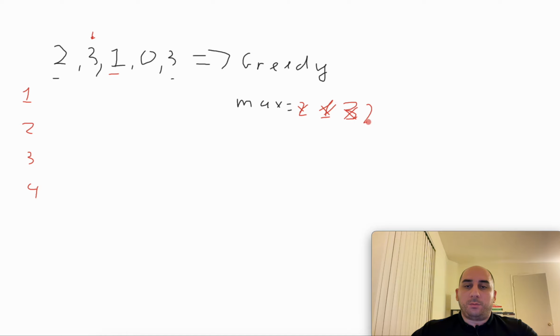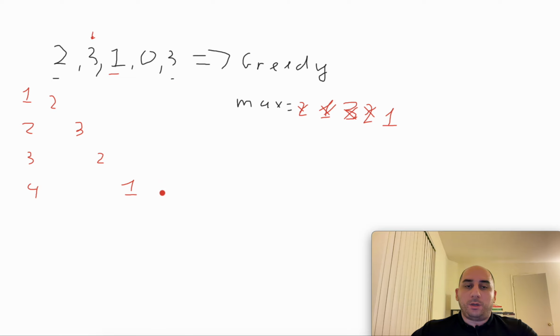So now it becomes 2, then we go to the next index and it becomes 1. Now we are comparing 1 with 0, so which one are we taking? We take 1, because 1 is more than 0, so we are setting the value of max to 1.